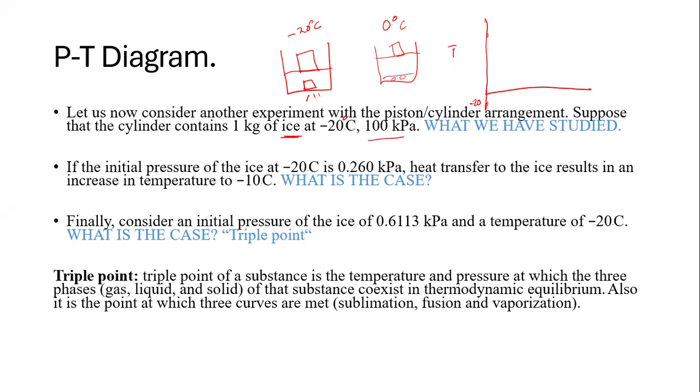From negative 20 degrees Celsius to 0 degrees Celsius, from here to here, we have ice, and then here we have saturated solid. Saturated solid means it is composed of liquid and solid. When we further heat our system, what is going to happen? Remember, from here we're going to have the melting process.